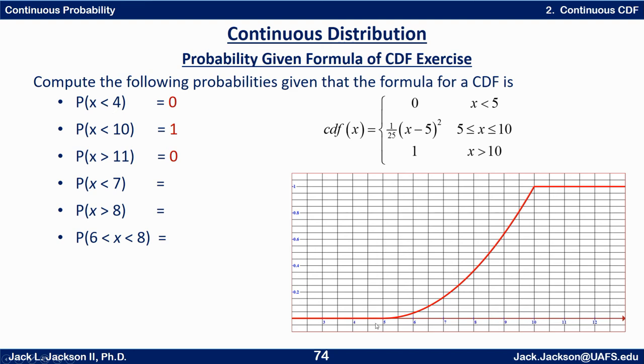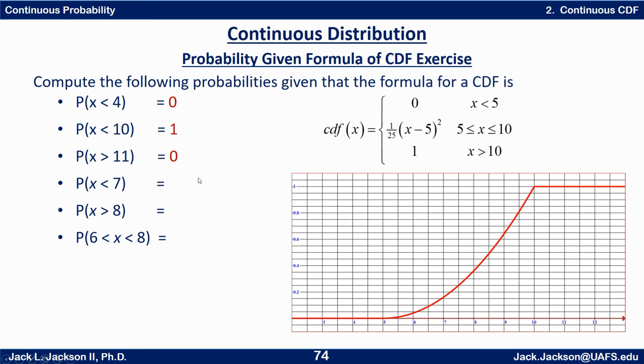So what's the probability that x is less than 4? Well, that's over here in this first part, where all the probability is 0 to the left. So that's 0. And the probability that x is less than 10, or less than 11 or 12, or any of these values from 10 on to the right, is always 1. It's just the CDF value there, which is 1.